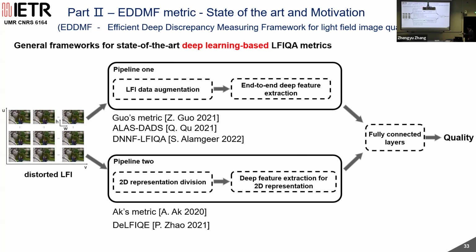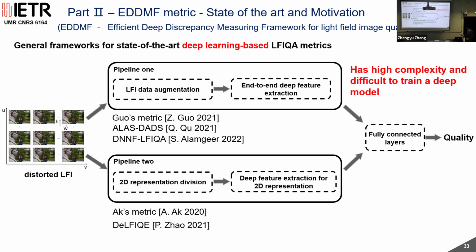The first pipeline generally trains deep models using data augmentation and directly extracts deep features from the whole light field image to predict the quality. This pipeline usually has very high computational complexity, and it is also very difficult to train a deep model despite using data augmentation.